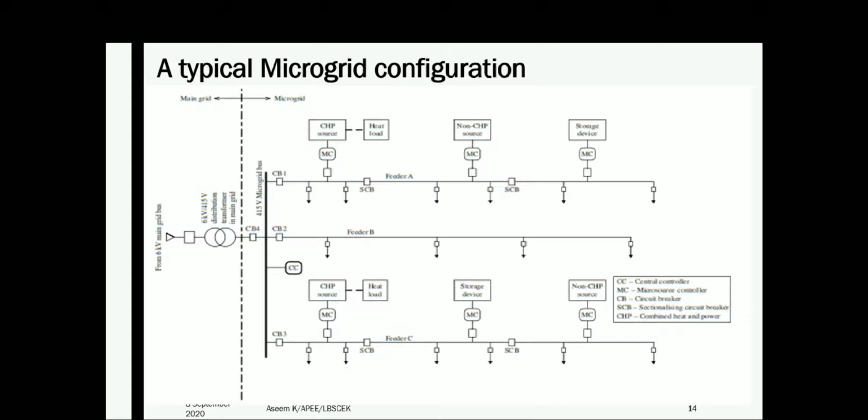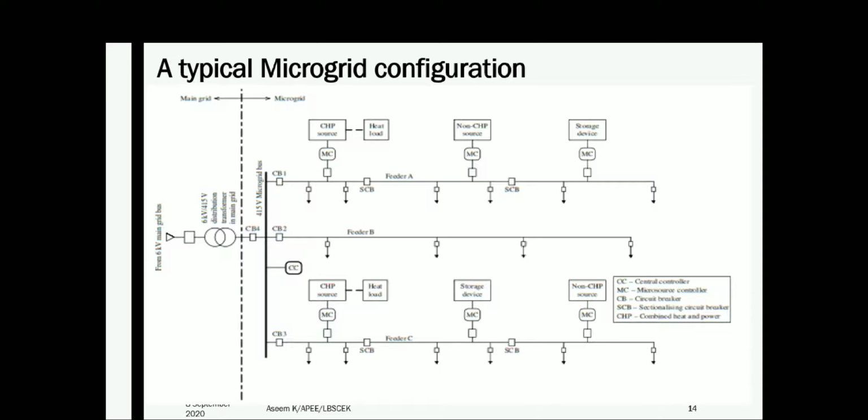Feeders A, B and C, however, remain connected to the microgrid even if we disconnect the entire microgrid from the main grid.